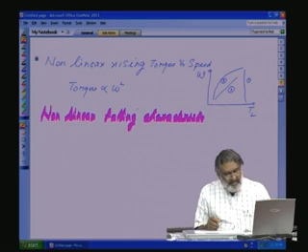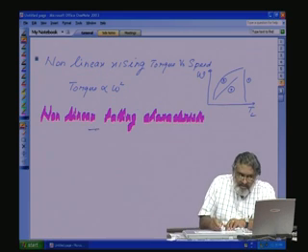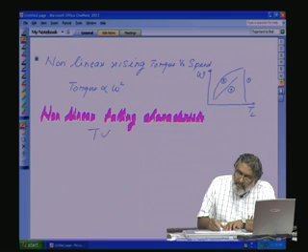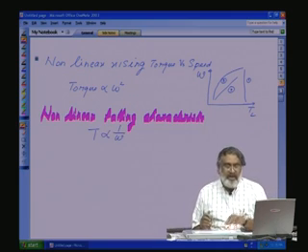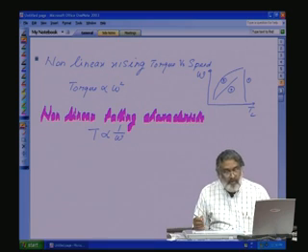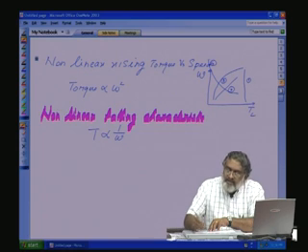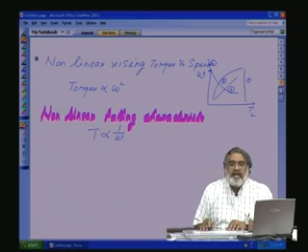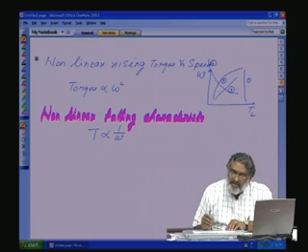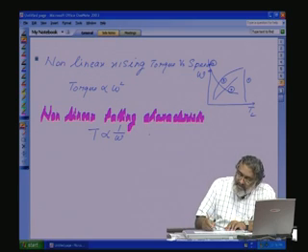Here let us take that torque is proportional to 1 by omega. This is non-linear falling characteristic, something like this. This is number 4. That means we can say T into omega is a constant.